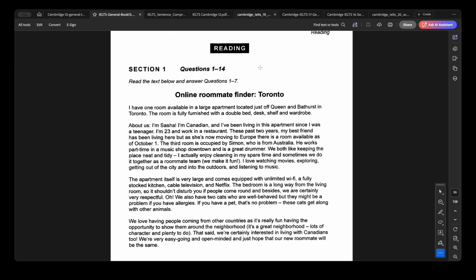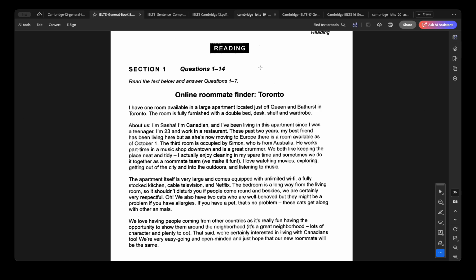Once you finish the first two sections, you can move to the third section if you're targeting band 6.5, 7, or band 8. Okay, in the third section again, you run the same process of priority. If there are fill in the blanks type of questions, you solve them first. Then you find true, false, not given type of questions.